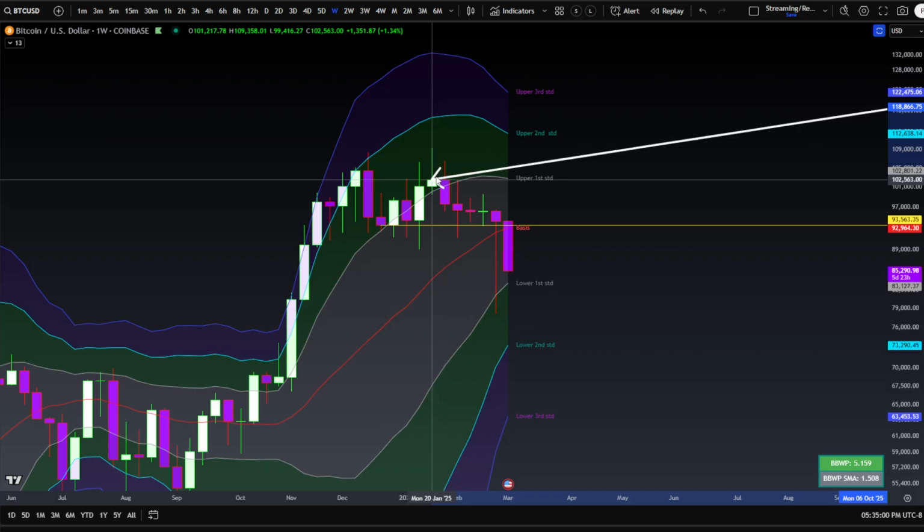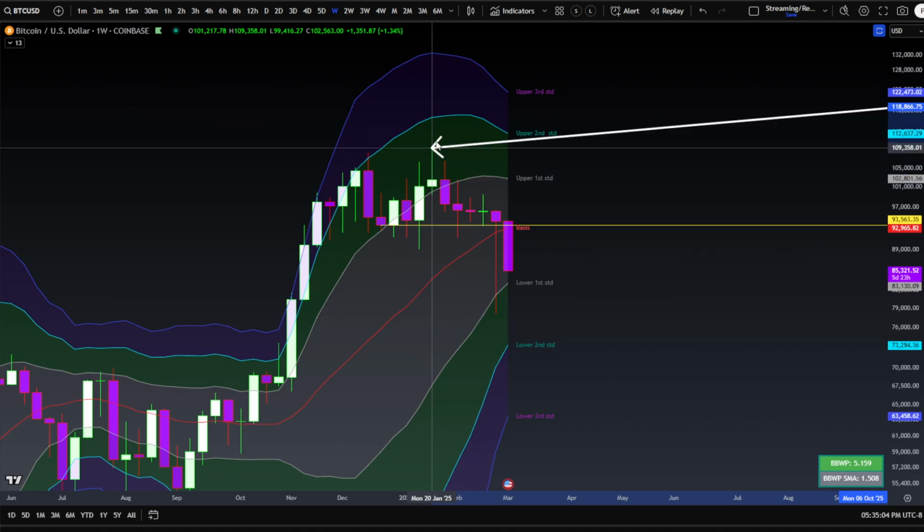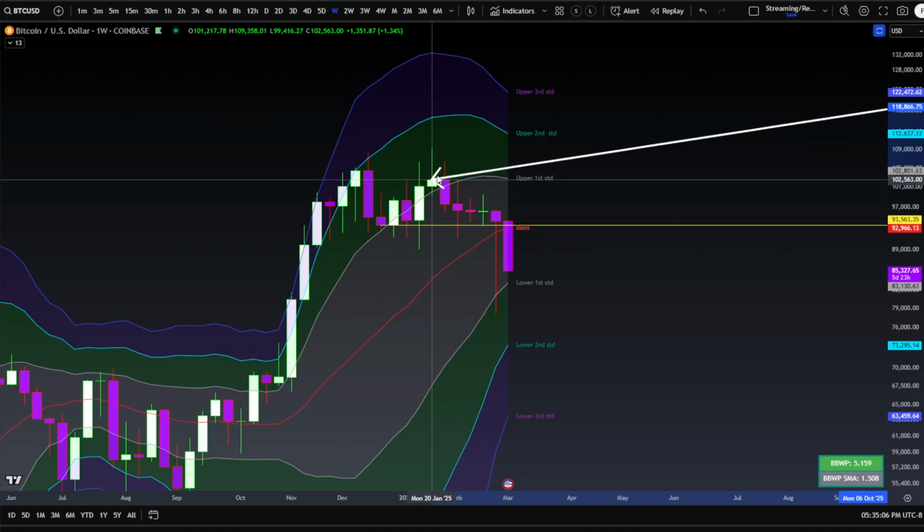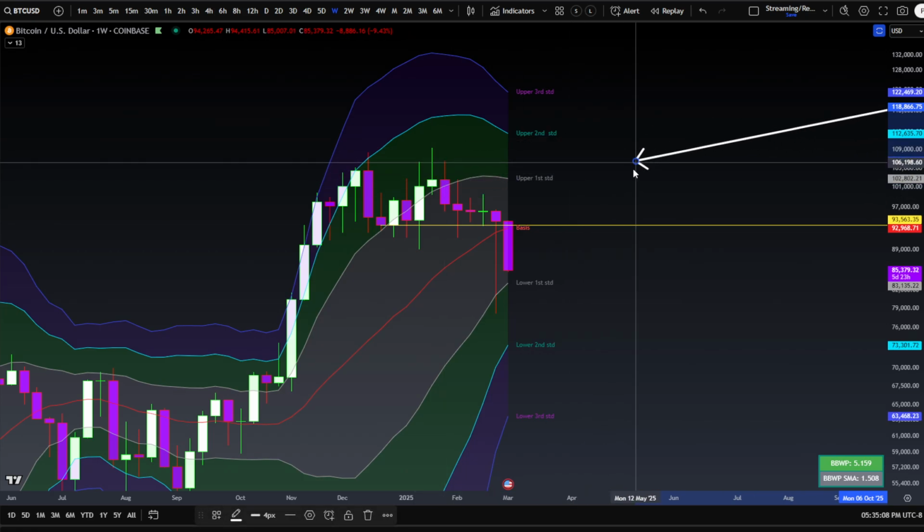And now it's got a weekly close open lower high, not a swing lower high, but a close open lower high in line with the level of volatility to the upside at 102,800. You can call it 103 if you like. That is also in a primary zone of resistance between 101 and 104 that we've talked about on the daily.